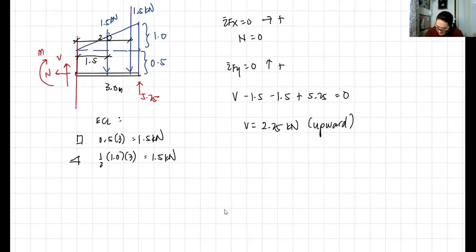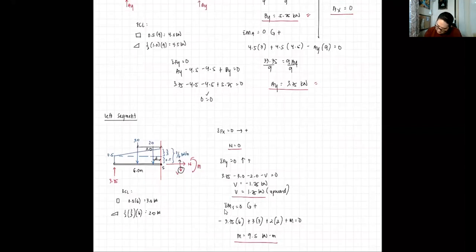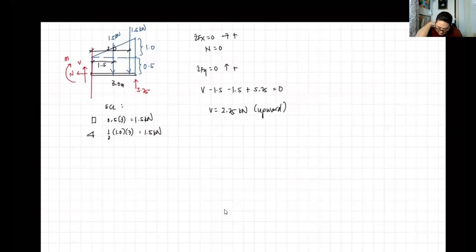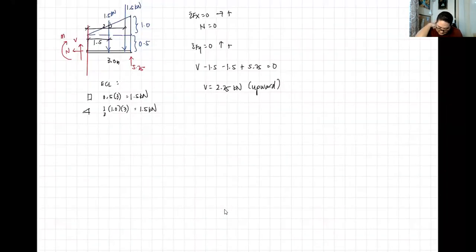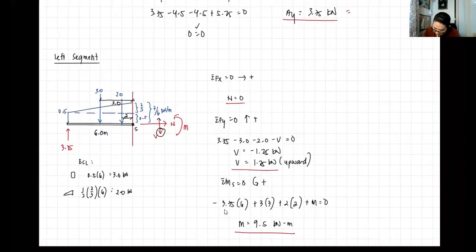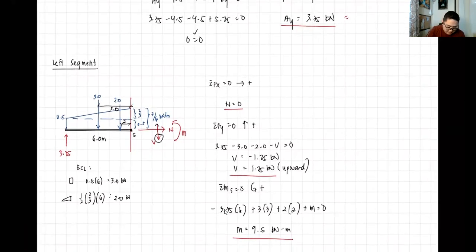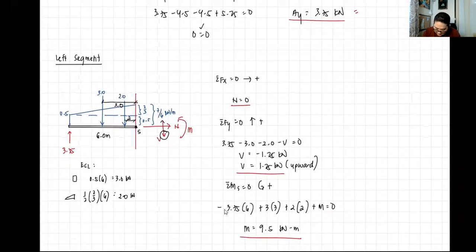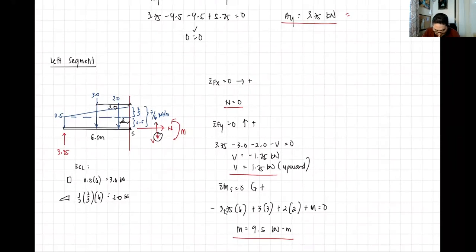Okay, let's check. Our calculated is 1.25. Let's check again, maybe I put in a wrong value. So 1/2, okay, 5.25. Here is 3.75 minus 3 minus 2. That is 1.25. Let's double check our forces, maybe I miscomputed.